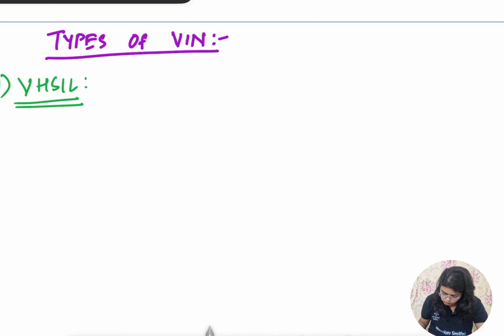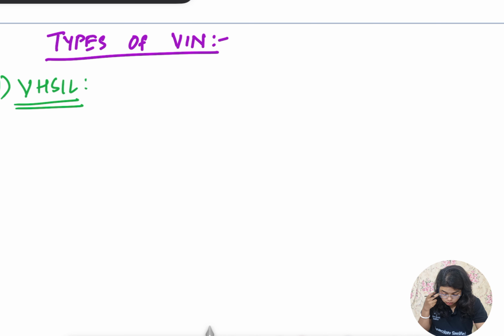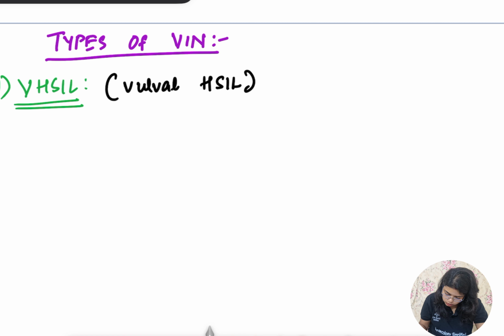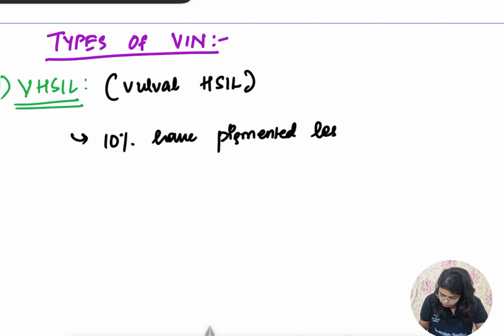So what are the types of VIN? This one is vulval HSIL. Here, 10% have pigmented lesions. I've told you that both HSIL and LSIL are associated with HPV in the latest 2020 WHO nomenclature.